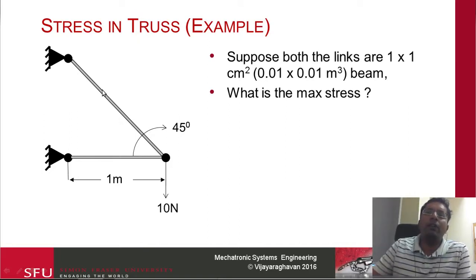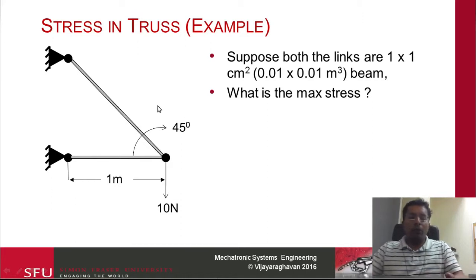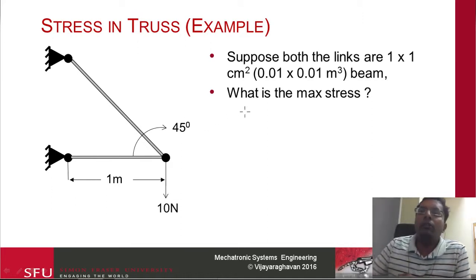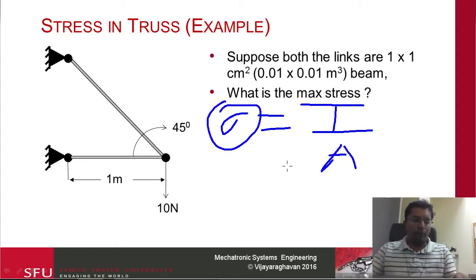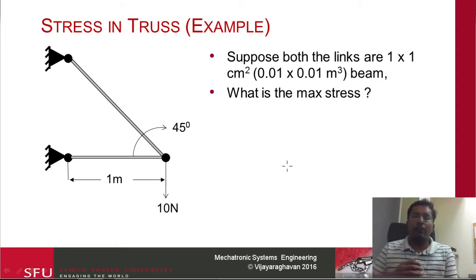So essentially we need to figure out what the maximum force is. And because all the forces are axial, if I have a sigma axial and I know the internal tension load, if I divide this by the area of each of the links, that will give me the axial stress. So at this point, it will be a good time to pause this video and try to solve this yourself.